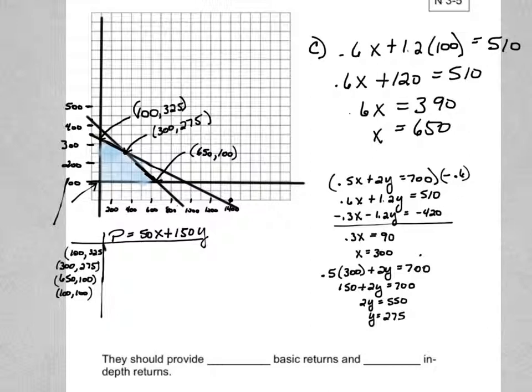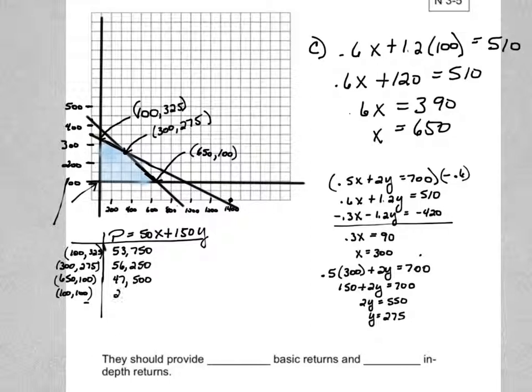Okay, so we plug these in, and for this one, I'm not going to show the work. I think you know how to do this. We get 53,750. For the next one, we get 56,250. And for the last one, you get 47,500.